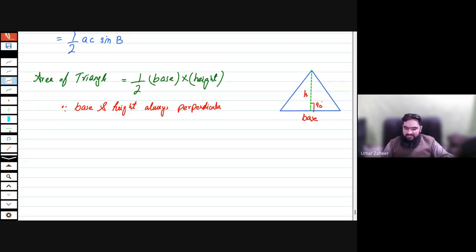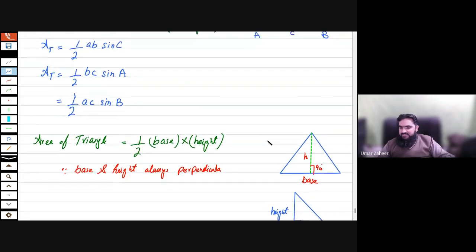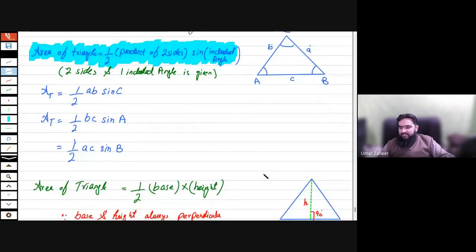So this triangle can look like this. It can be a right angle triangle. So again here you can take any side as a base and the other side as the height when you are finding the area of a triangle. Yes, everyone, are both formulas for the area of a triangle clear?